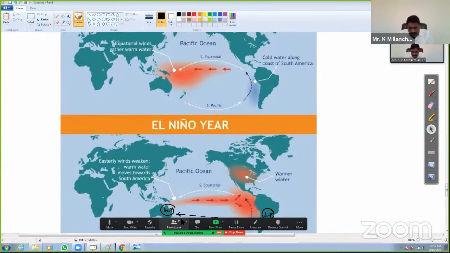As the case, the southeastern trade of the Pacific Ocean either becomes weak or gets reversed.